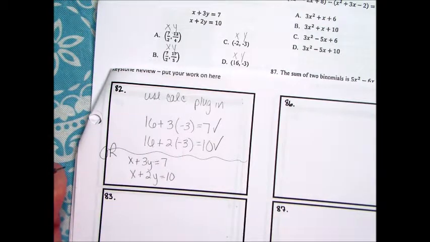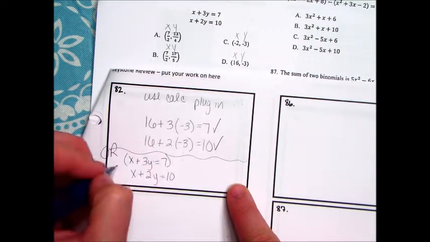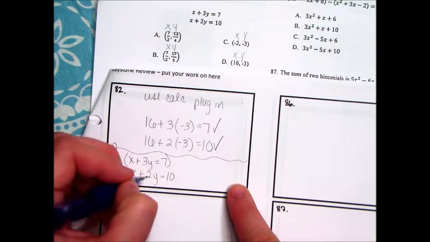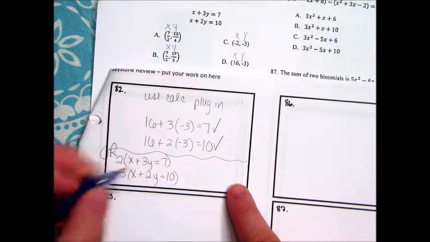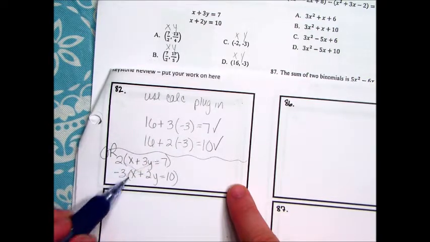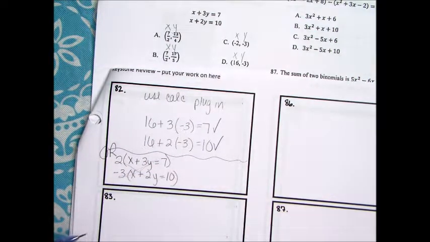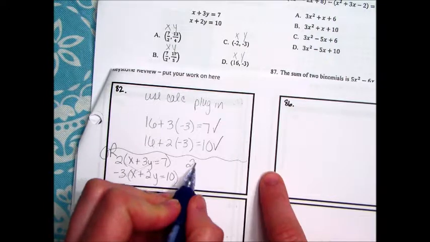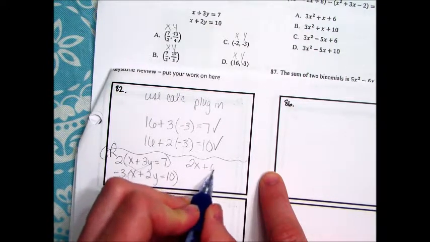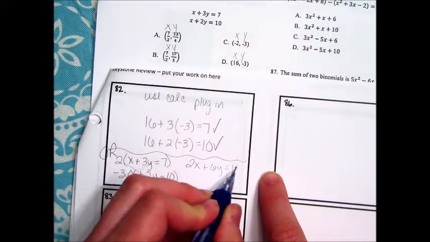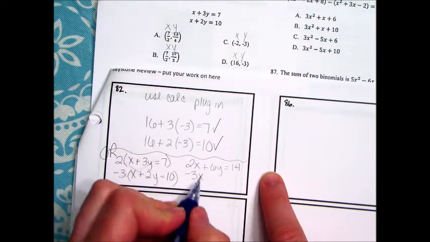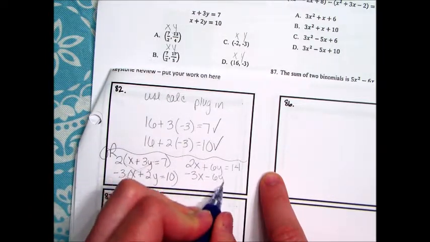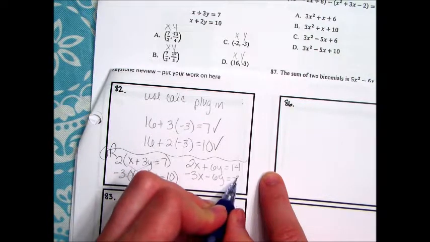If you multiply the top one by a positive 2 and the bottom one by a negative 3, all I did was switch these two numbers here and make one of them a negative. You will get 2x plus 6y equals 14 and negative 3x minus 6y equals negative 30.